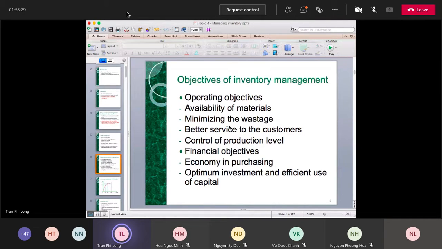Our objective is also to minimize the wastage. We don't want to waste a lot of inventory. And we want to better serve the customer. We don't want to lose customers in the future.